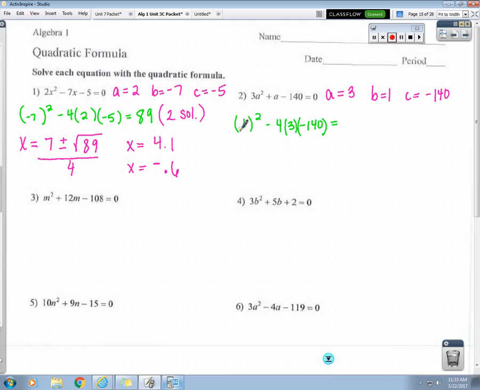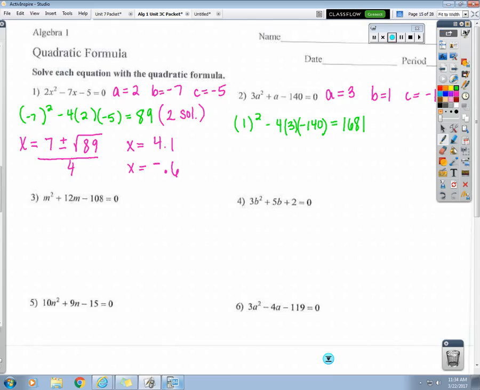Now, whenever you type in 1 squared minus 4 times 3 times negative 140, what do you get? It's a big number, I'll tell you that. It is a 4-digit. 1,200. What is it?